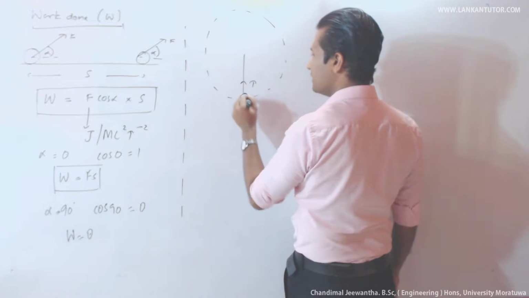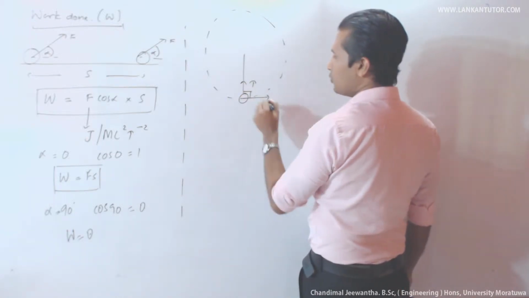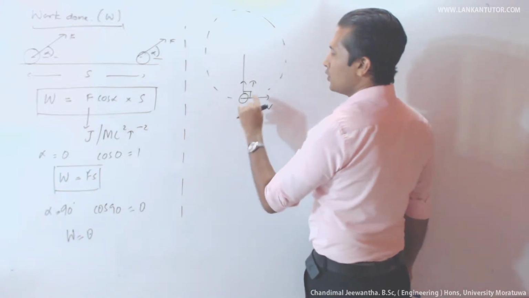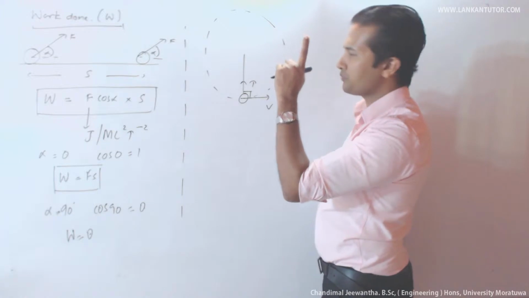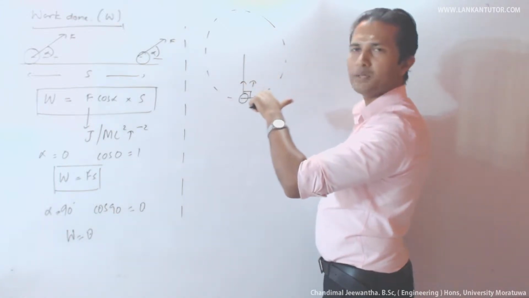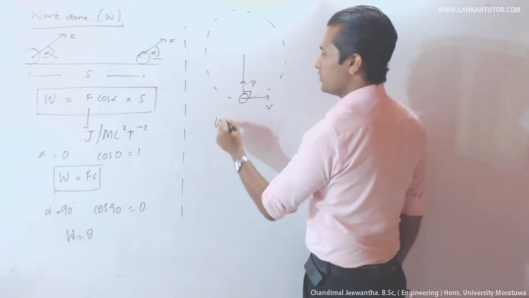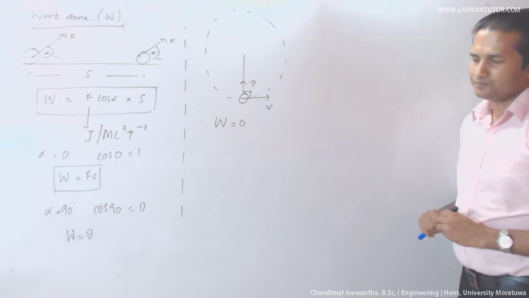This is the tension, this is the moving direction, that is 90, moving direction. So since the direction of force is perpendicular with the moving direction, W equals 0 here.